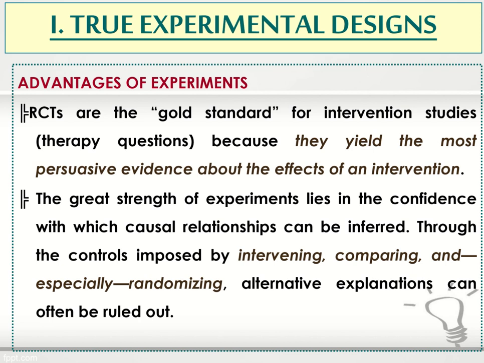And the great strength of experiments lies in the confidence with which causal relationships can be inferred. So through controls imposed by intervening, comparing, and especially randomizing, alternative explanations can often be ruled out. So for this reason, meta-analysis of RCTs, which integrate evidence from multiple experimental studies, are at the pinnacle of evidence hierarchies for questions relating to causes.